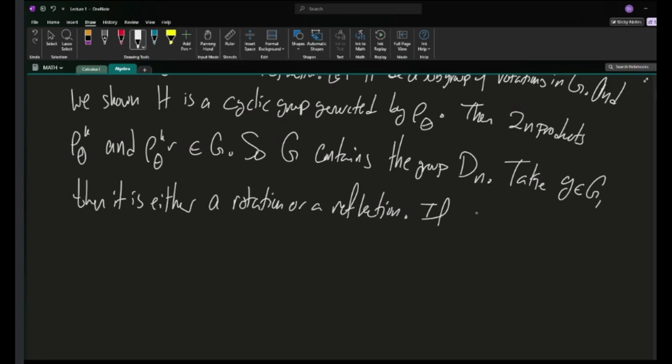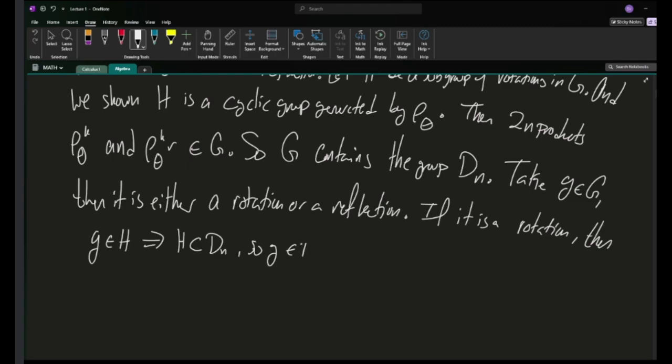If it is a rotation, then g is in H, and we've shown that's cyclic. Then H is also a subgroup of Dn. So G is in Dn.